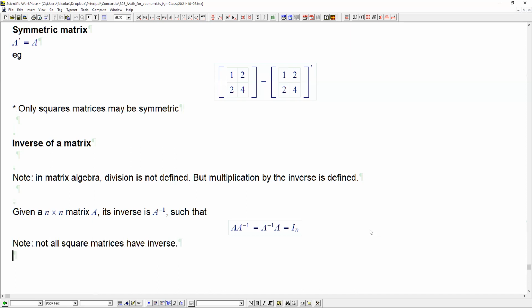I'm going to give you the formula for a 2 by 2 matrix.